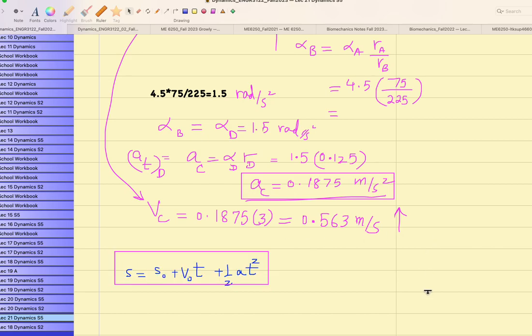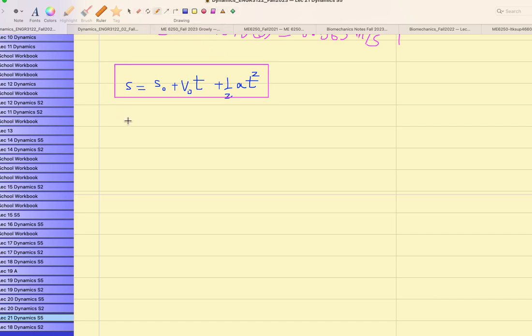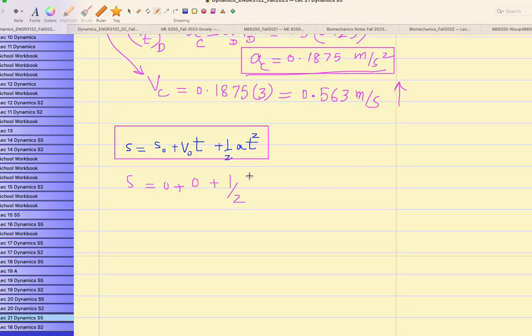Let's plug everything in. We want the final distance of this block moving upward. Initial distance is 0. Initial velocity is 0, starting from rest, plus one half times the acceleration, 0.1875, times time squared. If you do the math, you get 0.844 meters. So this is your answer.